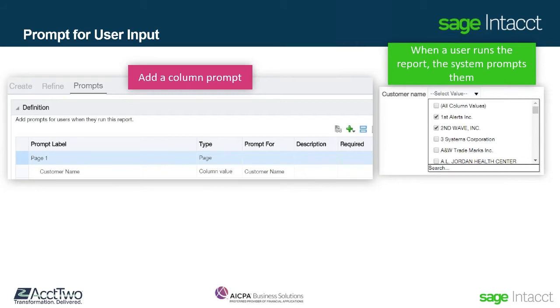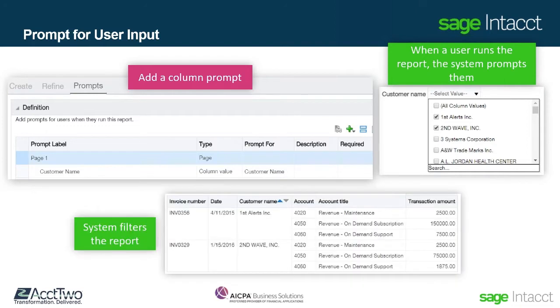So when I execute the report to run, it's going to give me this box on the right, and it's going to say pick the customers that you want. And in this case, I've made it a drop-down, so I can select the value, and I can select more than one. And here's the result of that filtering and that prompting. So now I've said, here's my report, and I'm only getting first alerts and second waves. Easy stuff, things that we would expect to be there.